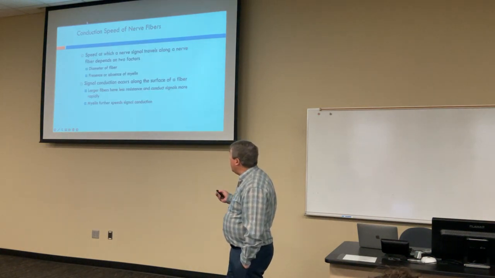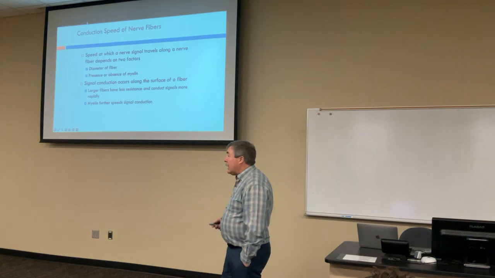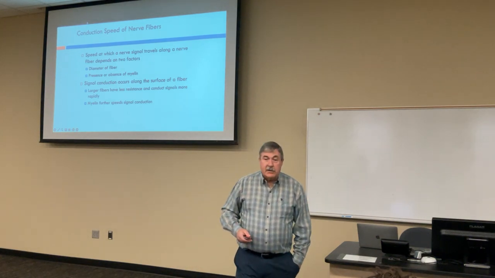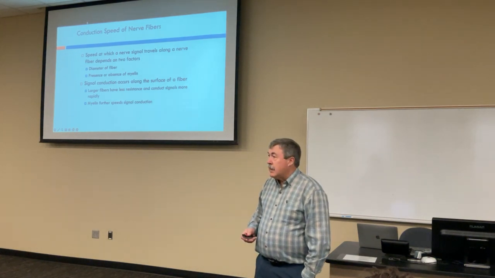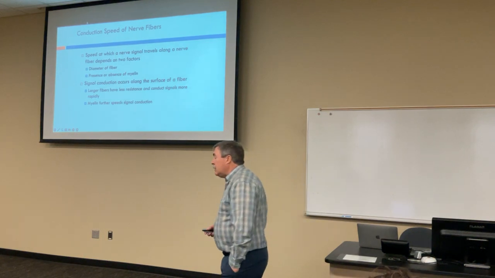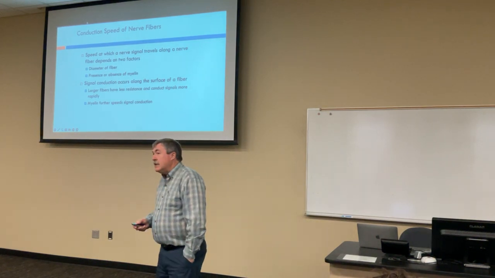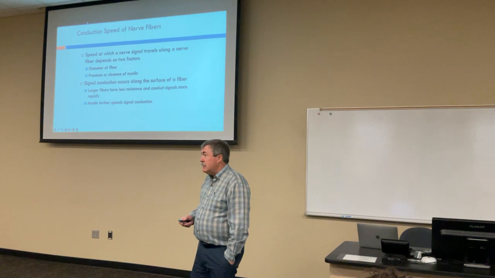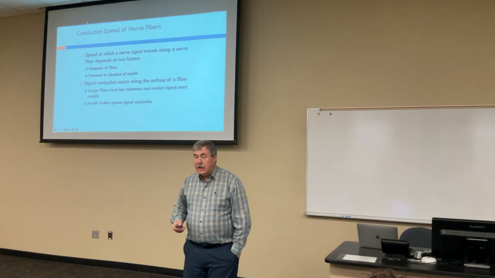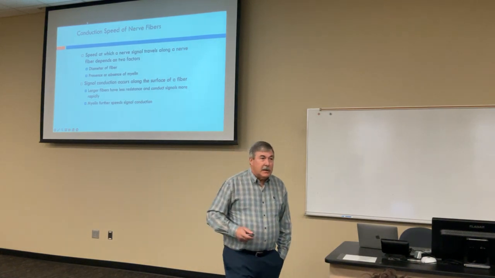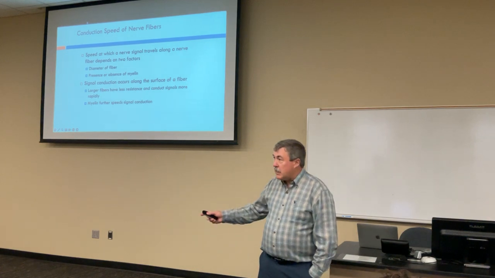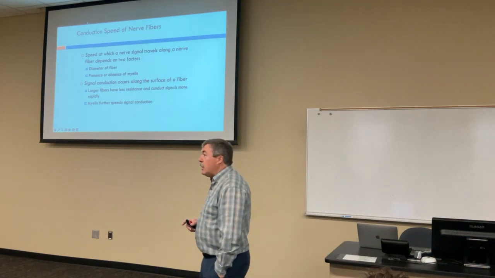Note that the length of the axon is not a factor, because conduction speed or velocity is independent of distance, because velocity is equal to the distance divided by the amount of time it takes for a signal to go from one point to another.